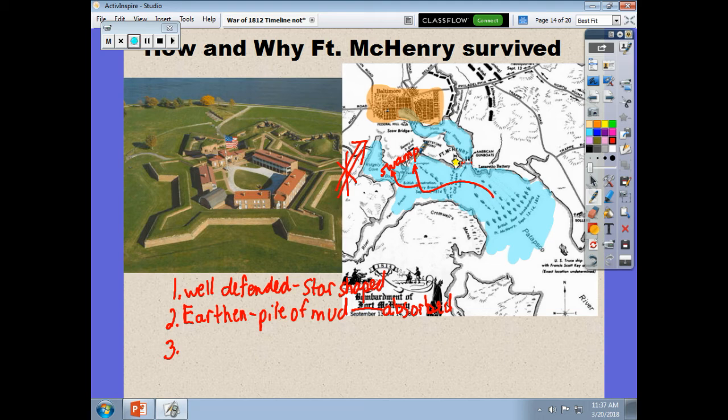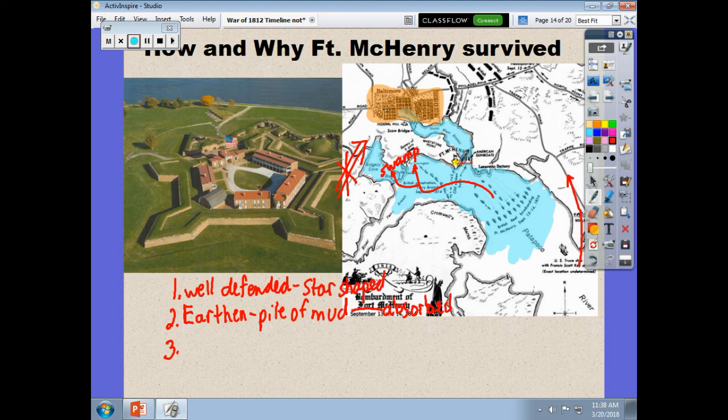There is an attempt by the British to land men this way, and they begin to march them this way. But the problem is that with that, their general ends up getting shot, and he's killed, and so the attack that comes that direction is going to be a failure because of lack of leadership. So the result really is that the British only have one place, and that is right here. They've got to go past this fort and get in here. But the fort stands in the way.